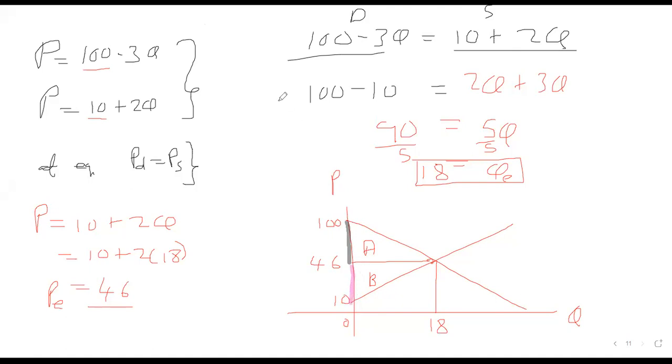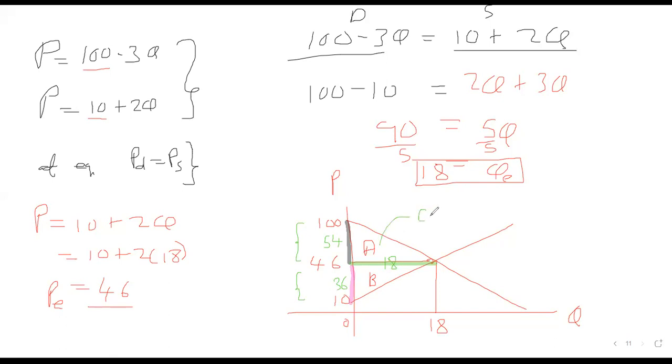The distance from the S from here to here. So what are these distances now? What's the distance here? 54. And here? 6, and here 36, 18.